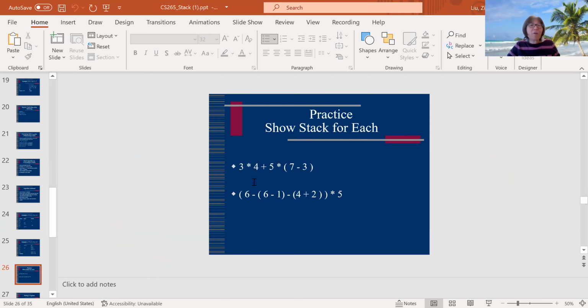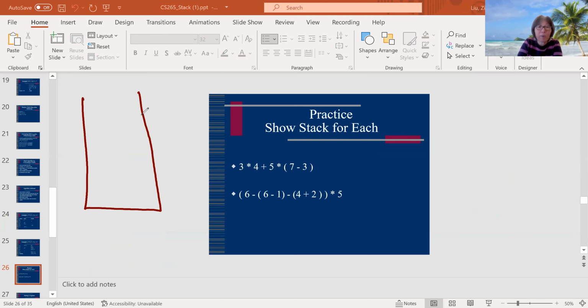Okay, and there are more examples, and we can try one more. How about we try this one. So here is a number, so we add it to postfix. An operator, we add it to the stack. A number, we add it to postfix. And then we have an operator.